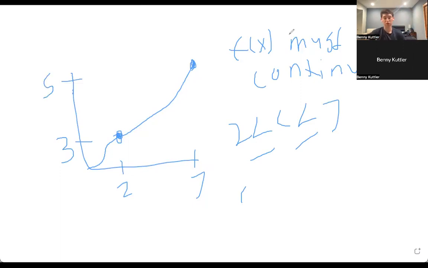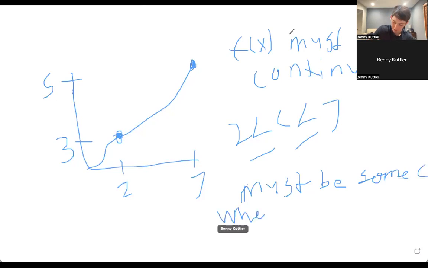So if c is between 2 and 7, then there must be some c where f of c is between 3 and 5.